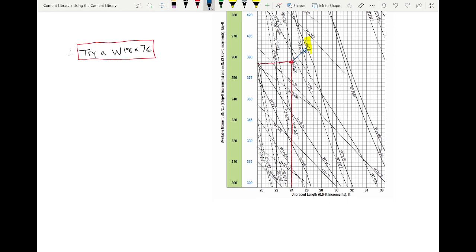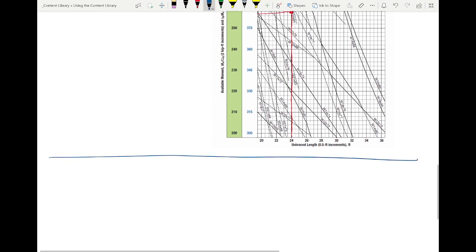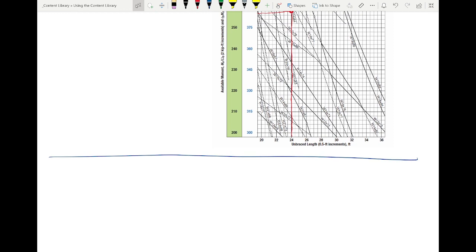Now, I want to look at something. So I want to say check IX requirement. If I remember correctly, this problem has a requirement that our minimum moment of inertia be 965.3 inches to the fourth.